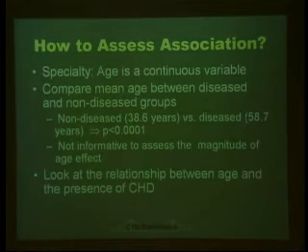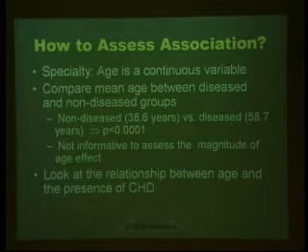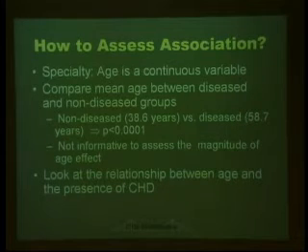At each age level, some people get the disease and some people don't, and you have many levels of age, so how do we assess the association between age and the disease in this case?